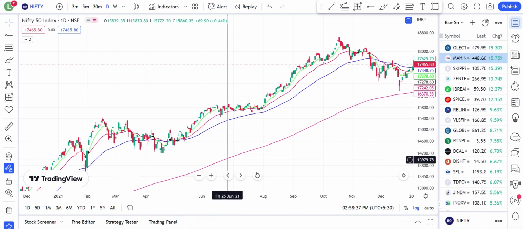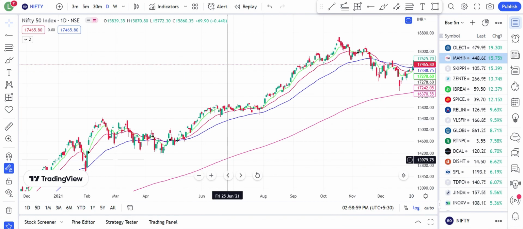Once a stock has moved below the 200 moving average, there is some negativity about the instrument which you are watching on the chart. That is not the ideal candidate to trade your money in. So filter out the stocks. First criteria, filter out the stocks which are moving above both the 50 and 200 moving averages. It's a simple one.